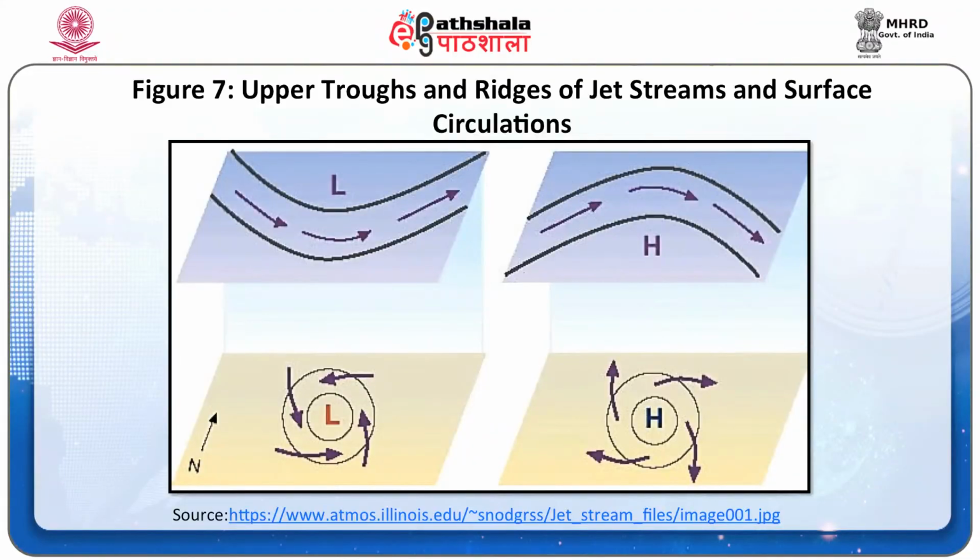Many circulation patterns emerge which follow cyclonic pattern in low pressure areas or upper troughs and anticyclonic circulation in high pressure ridges, represented in the diagram respectively by symbols L and H in figures number 5, 6 and 7.